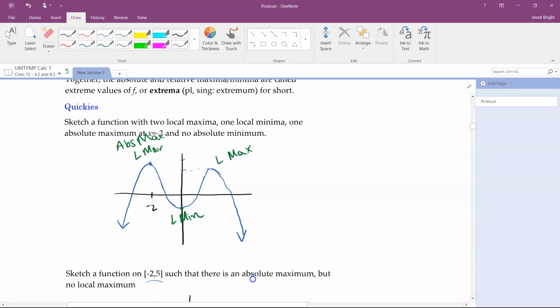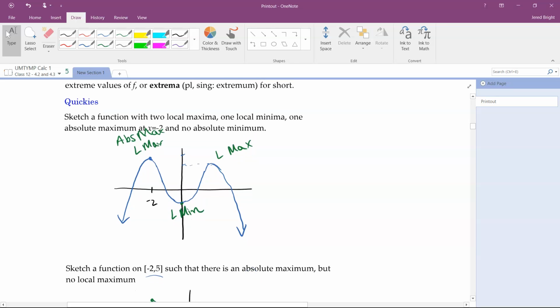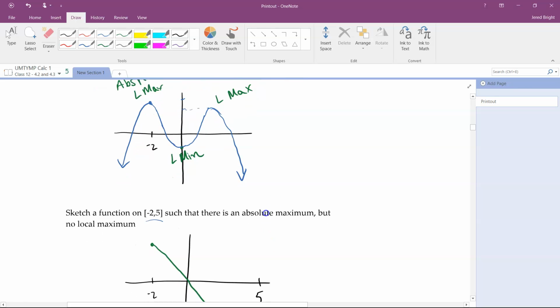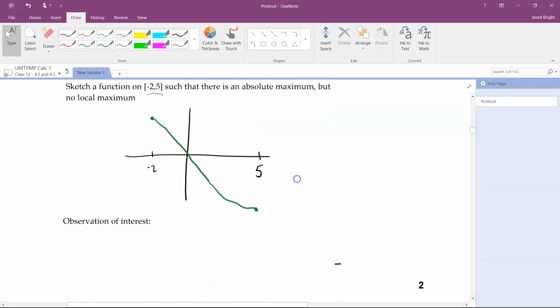For this next one, you probably racked your brains a little bit and wondered, can this even happen? Can you have an absolute max but not a local max? Indeed you can. Because of the definition of a local maximum, you have to be on a region near the function. This is actually a point of contention among mathematicians, whether or not you can have local extreme values at endpoints.